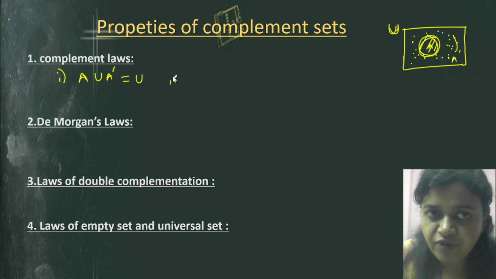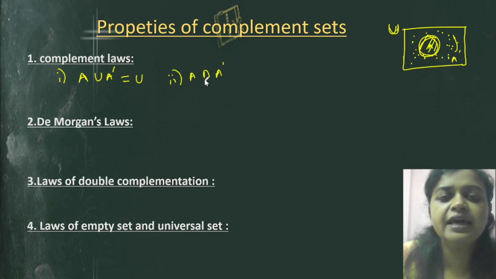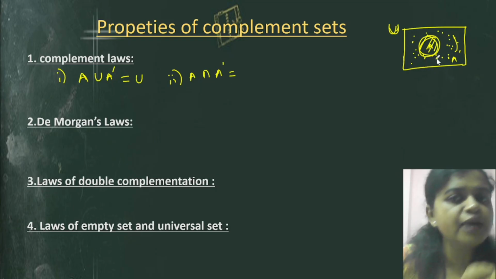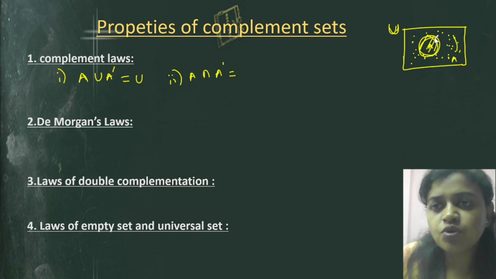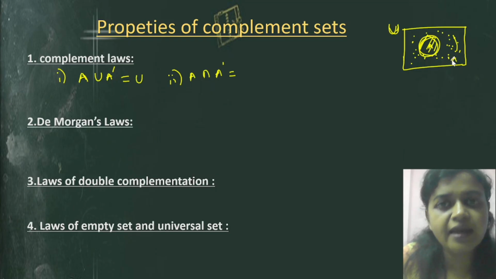Then if we find A intersection A complement, intersection means we have to find the common part of two sets. So this is A and this is A complement. Can you find any common portion of A and A complement?